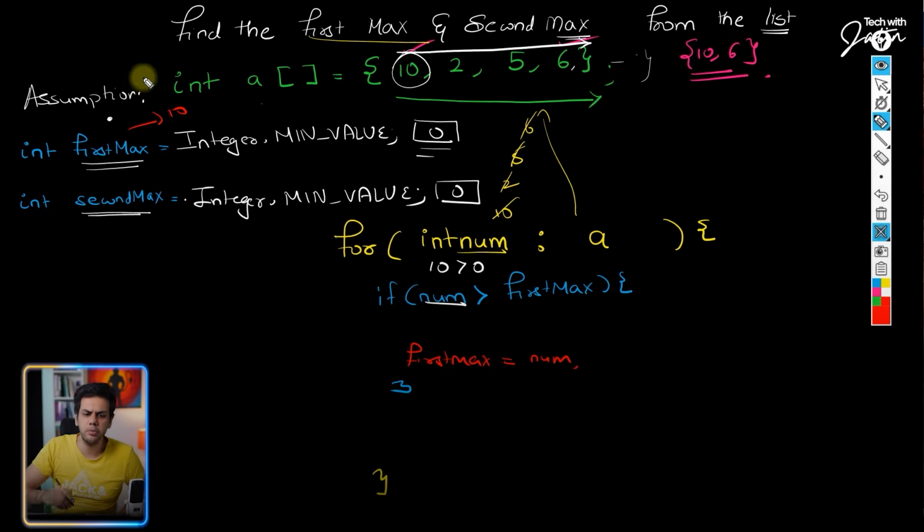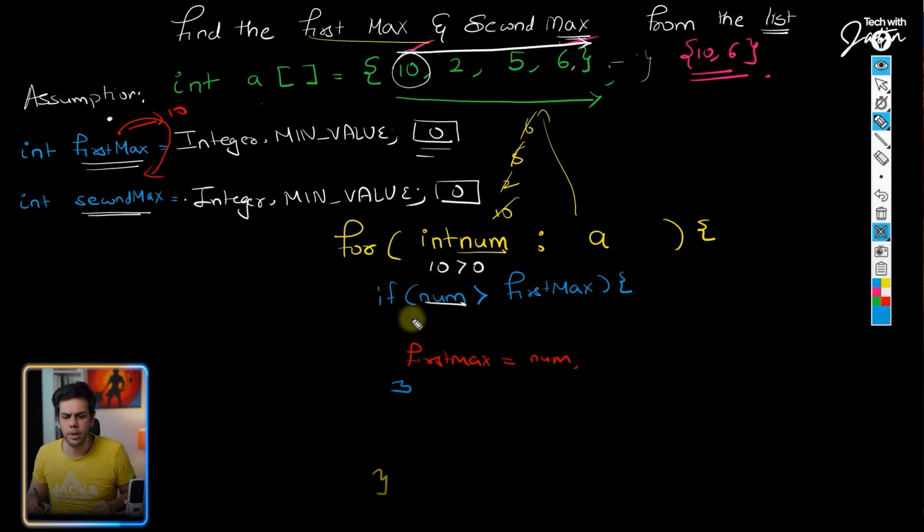But it also means that whatever was there in the first max is actually the second max, right? Whatever I had stored in the first max initially is not the largest number. If it is not the largest number, then it is going to be the second largest number.